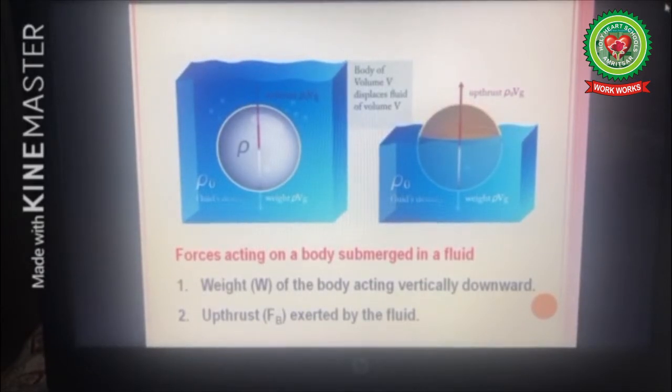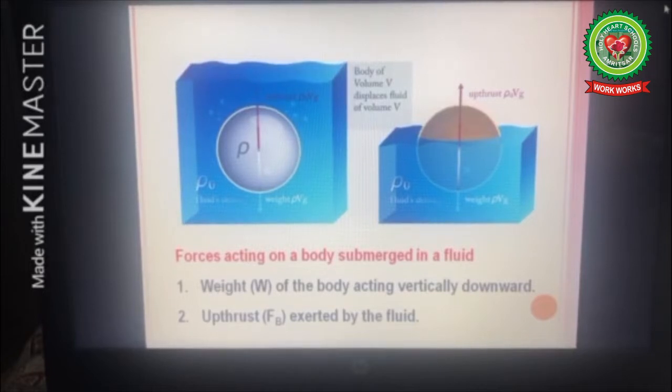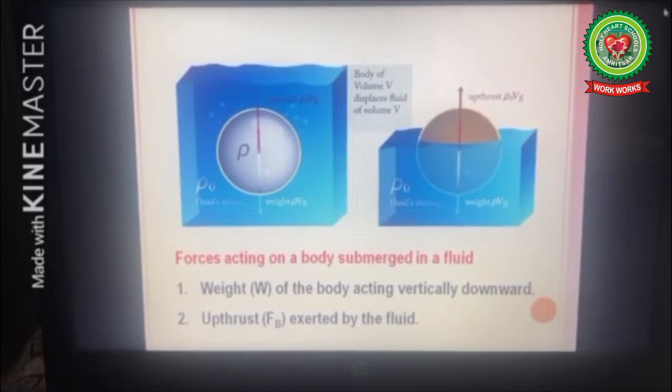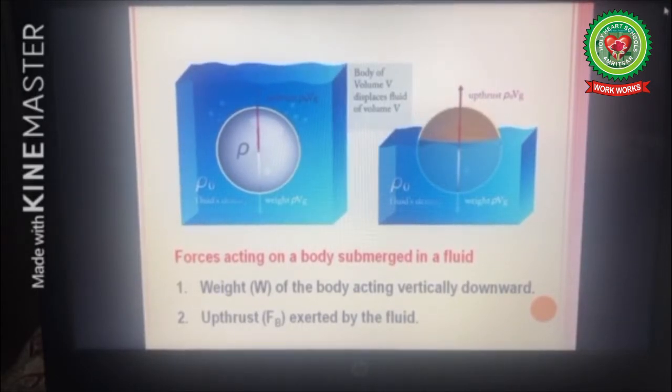Second is the upthrust exerted by the fluid, and upthrust, as its name suggests, will act vertically upward. The diagram shows the weight of the body acting vertically downward, submerged in a liquid, whether it is completely submerged or floating on its surface. And one red arrow shows the upthrust exerted by the liquid on the body.